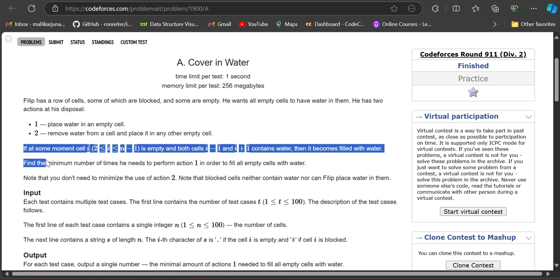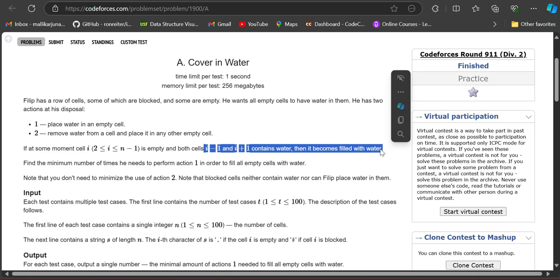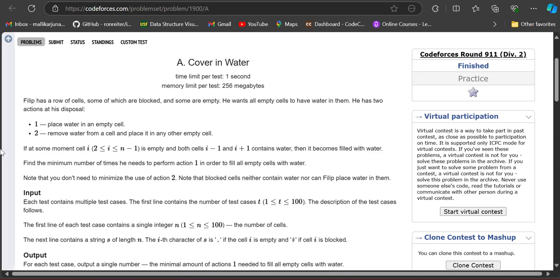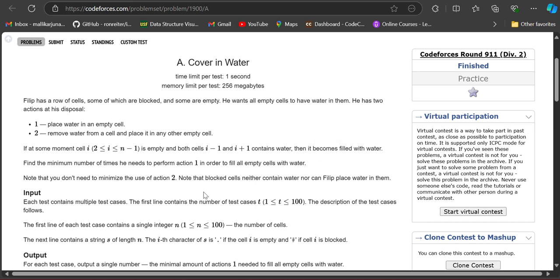If at some moment i, which is less than n minus 1, is empty and both cells i minus 1 and i plus 1 contain water, then it becomes filled with water. Find the minimum number of times he needs to perform action 1 in order to fill all empty cells with water.